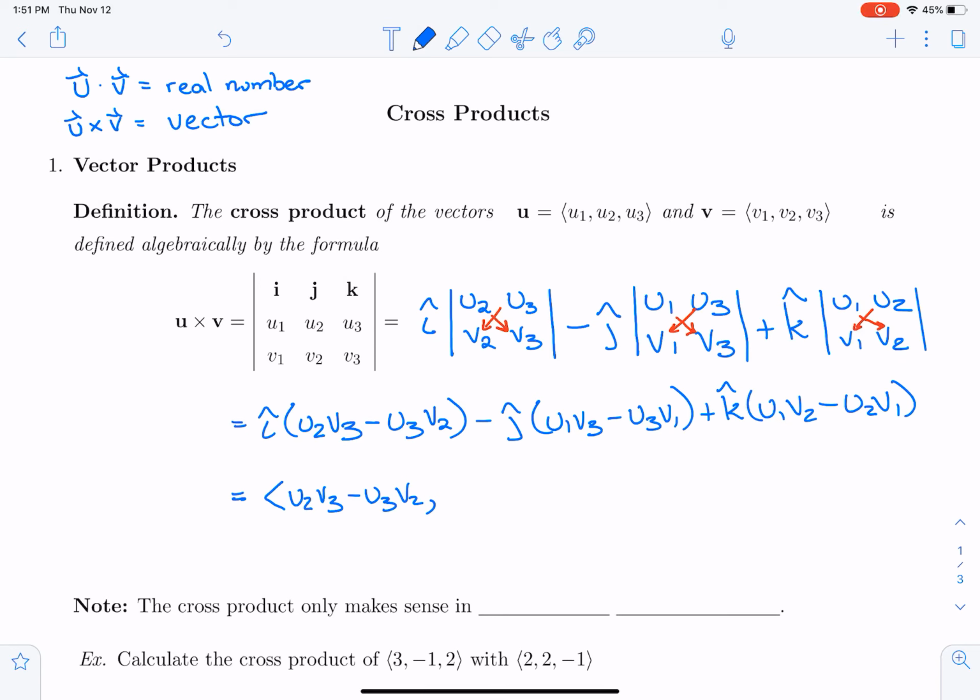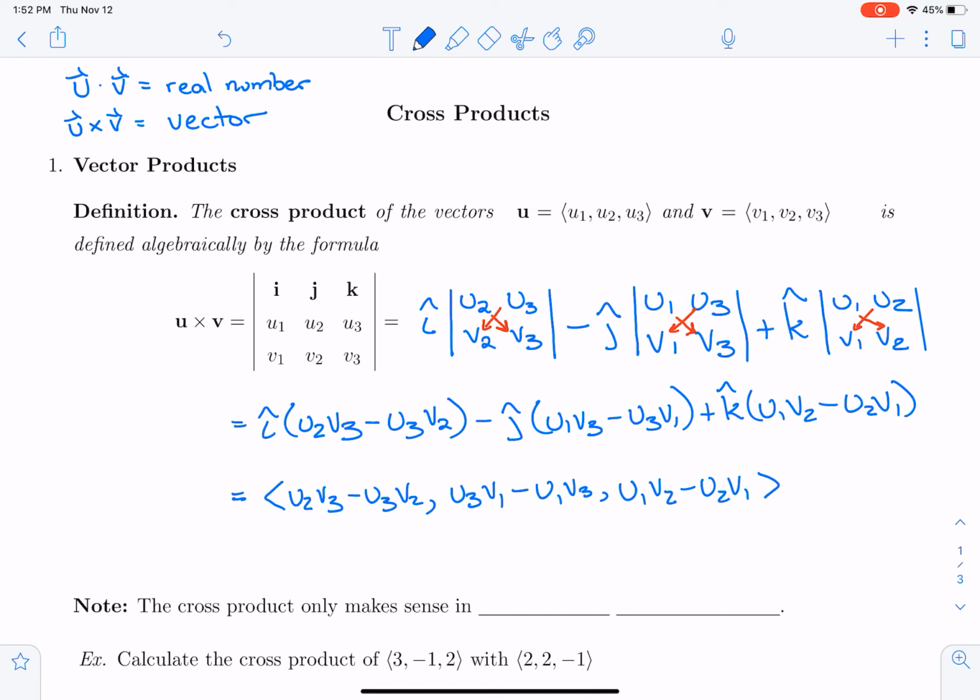The second entry is going to be multiplying by the -1, u3 v1 minus u1 v3. And then the third component is going to be u1 v2 minus u2 v1. And so it is acceptable to either write this vector in terms of i hat, j hat, and k hat, or in terms of the components.